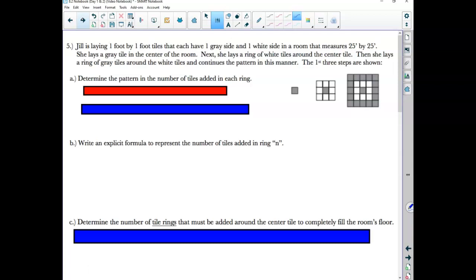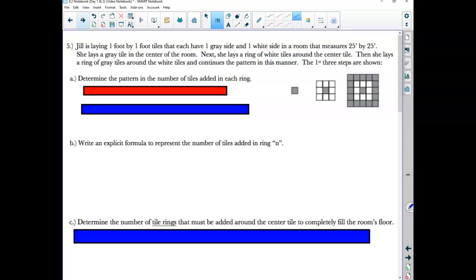Next, she lays a white ring of tiles around the center tile. Then she's laying a ring of gray tiles around the white tile, and then she's going to go white around the gray around the white. She's going to continually build these tiles that are going to make a cute little pattern going out like the little diagram there on the right side does.